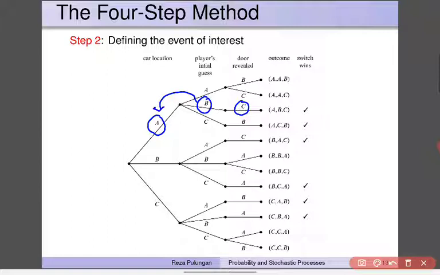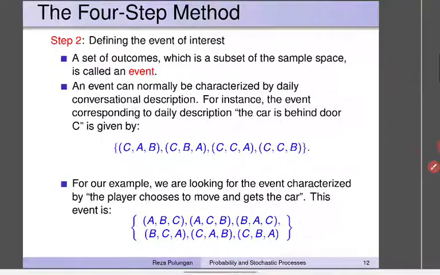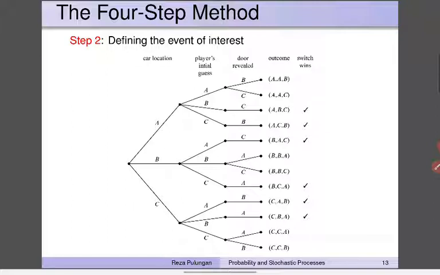Similarly, with similar reasoning, we can find other outcomes which are inside of the event of interest. There are 6 of such outcomes. Those outcomes are ABC, ACB, BAC, BCA, CAB, and CBA.